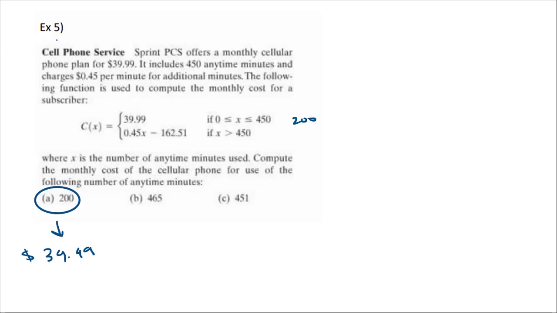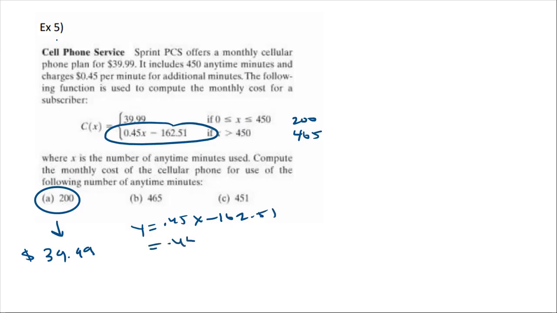Okay. And then the 465, well, that's going to be here, right? Because 465 is greater than 450. So I'll put 465 here. And that means we're going to use this equation. So we're going to have y is equal to 0.45x minus 162.51.